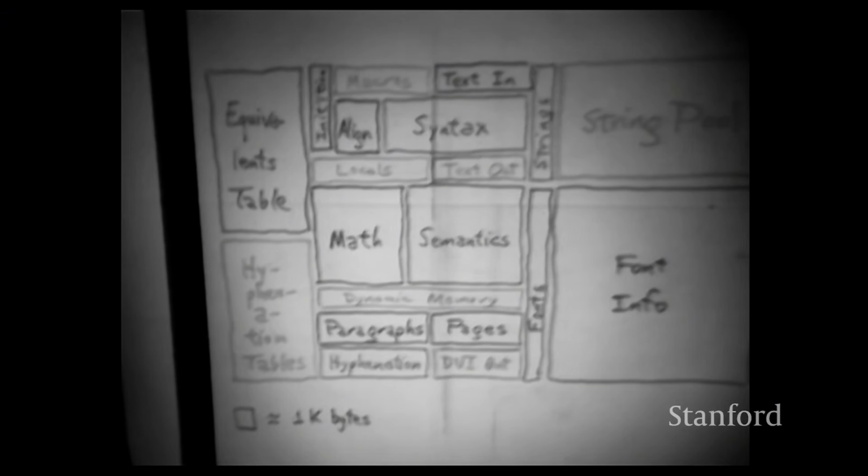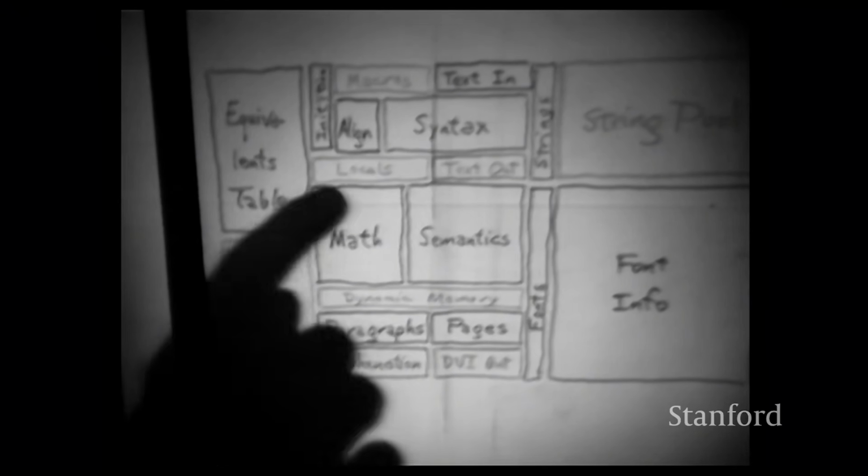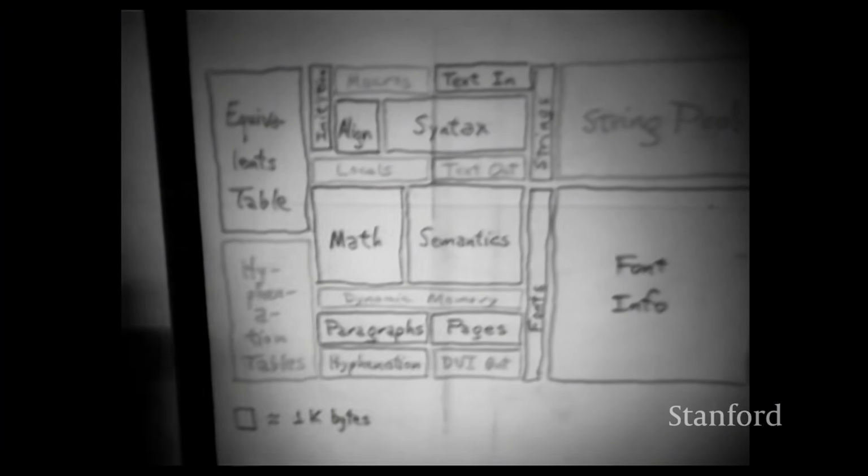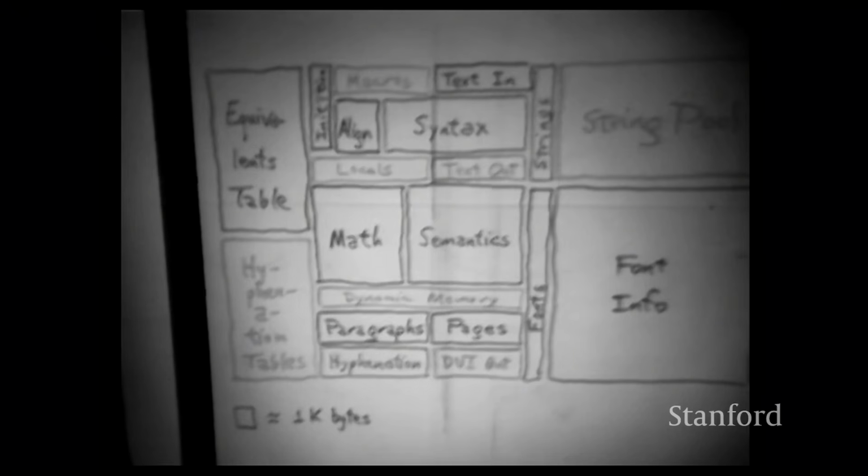Then the EQTB, the equivalence table, is what I call locals here. This is the part of the program that refers to saving and restoring the equivalence and defining all the macros that we had for equivalent.